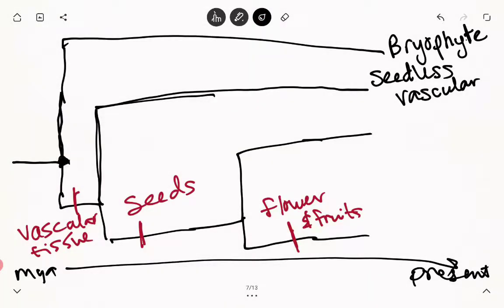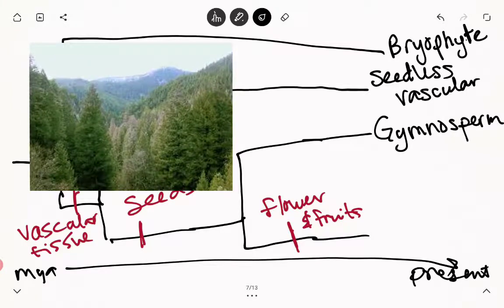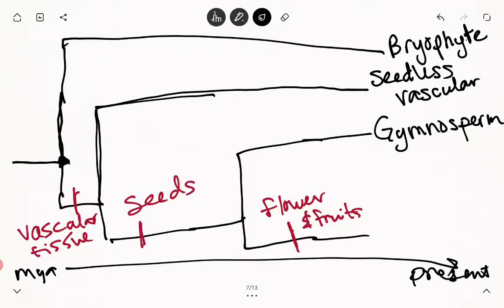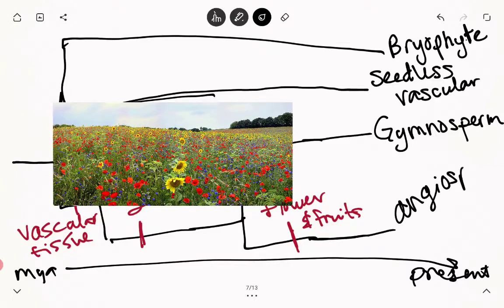So this group that has seeds and has vascular tissue, but does not produce flowers, these are the gymnosperms, or the conifers are the most common member of the gymnosperms. And then down here, these will be the angiosperms, or the flowering plants.